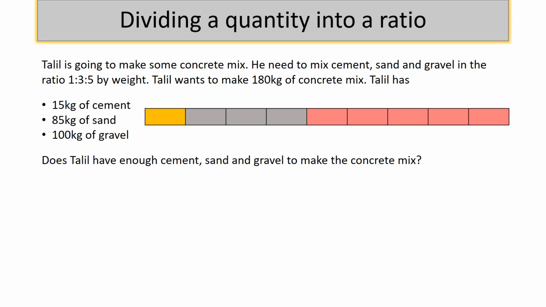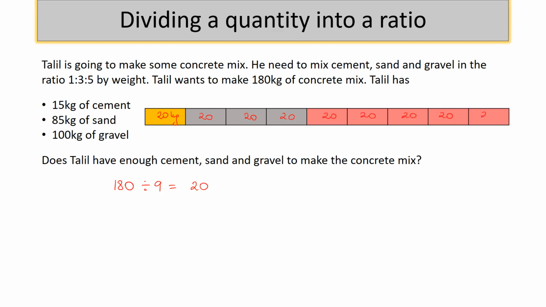So 180 needs to be divided by 9. 180 divided by 9 is 20. So I know that each box or each part in the ratio represents 20 kilograms. Each one of them.